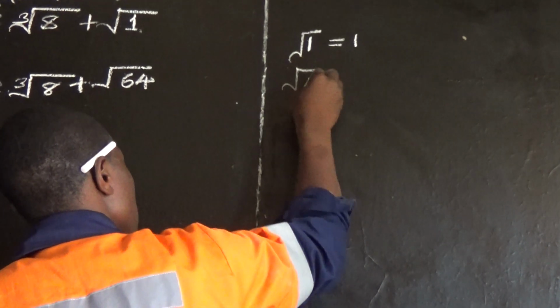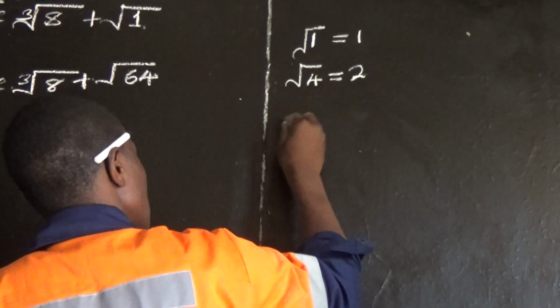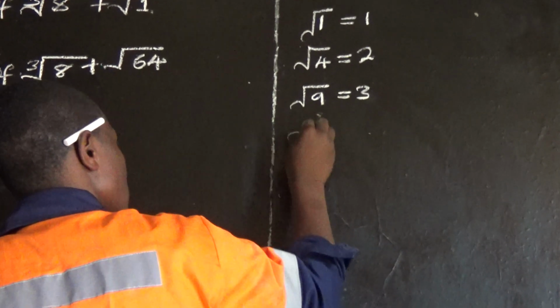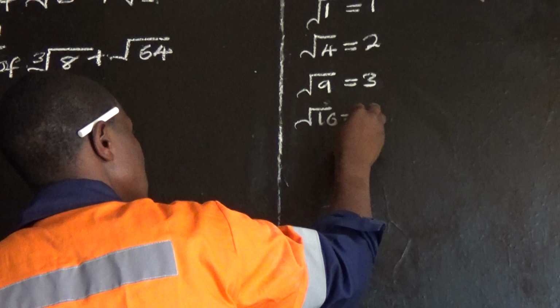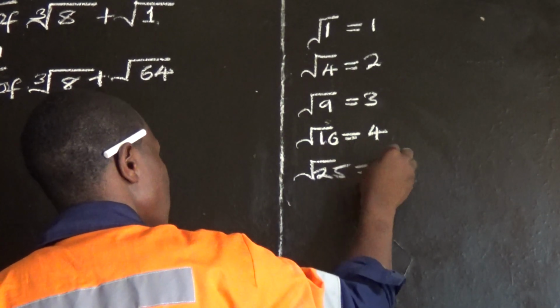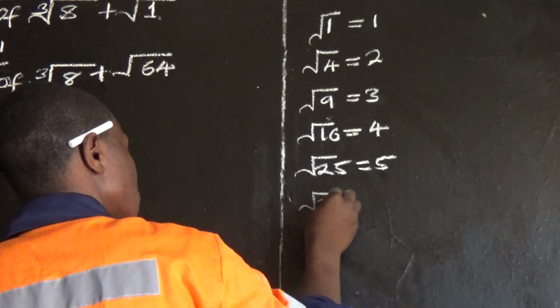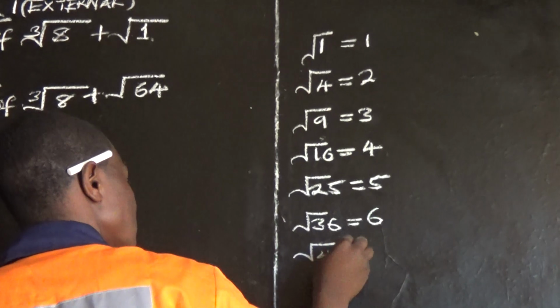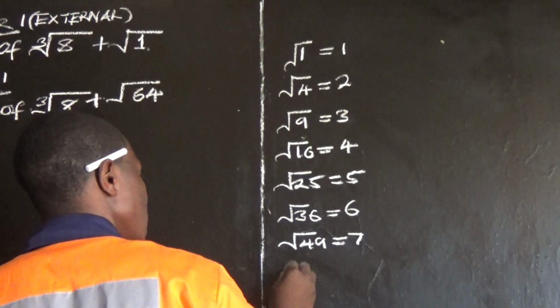The square root of 4, you need to know it's 2. Square root of 9, it's 3. Square root of 16, it's 4. Square root of 25 is 5. Then square root of 36, you get 6. Square root of 49, you get 7.